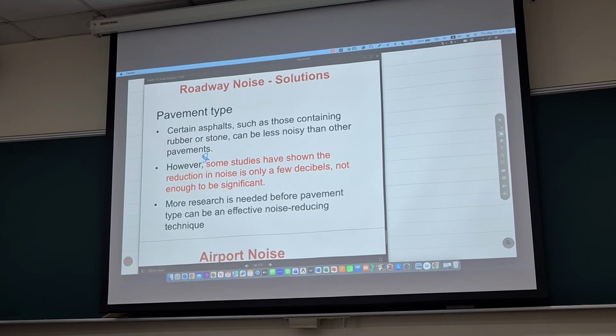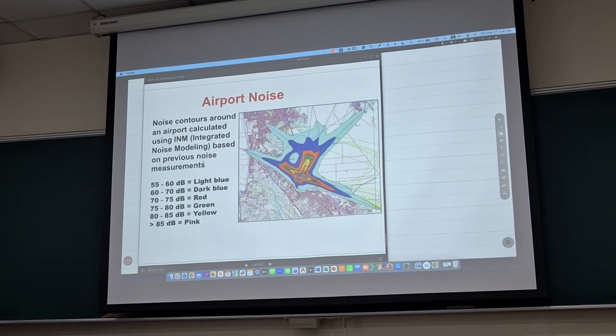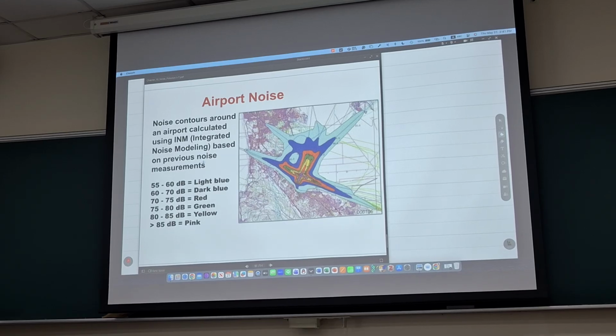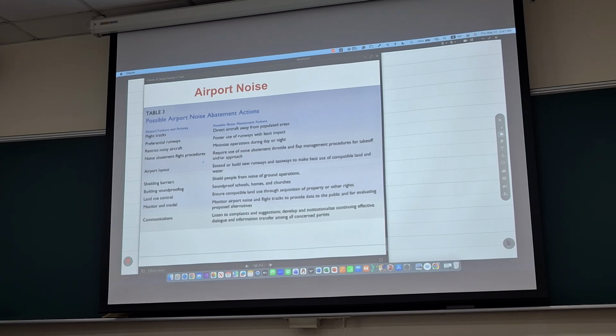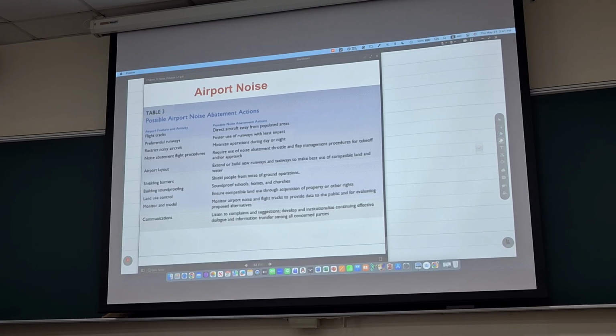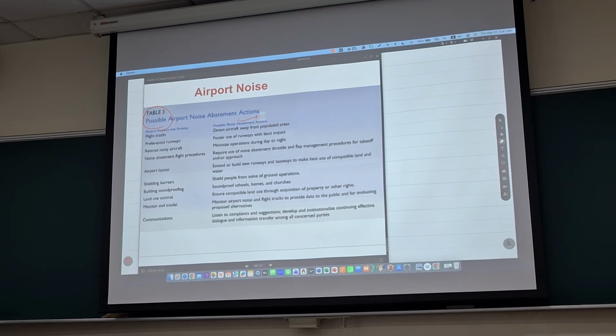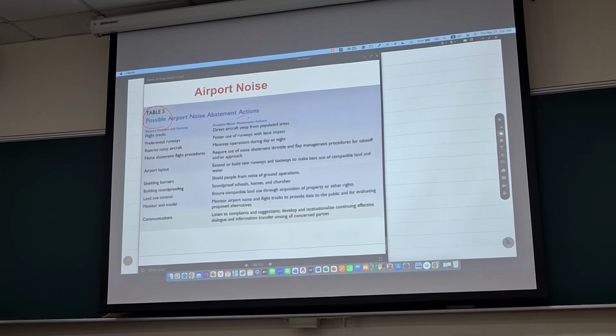Okay? And we know that airports also produce a lot of noise, right? When an airplane takes off. So airport noise is something we also need to control. Here I show some possible airport noise improvement actions. I want you to read over them by yourself.